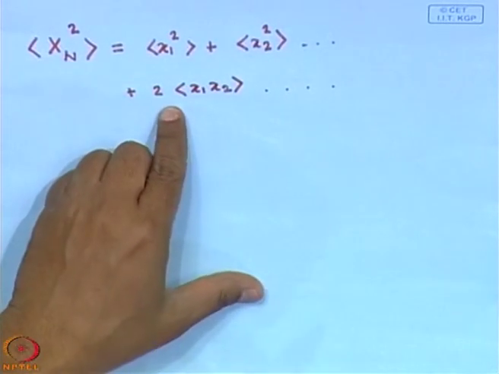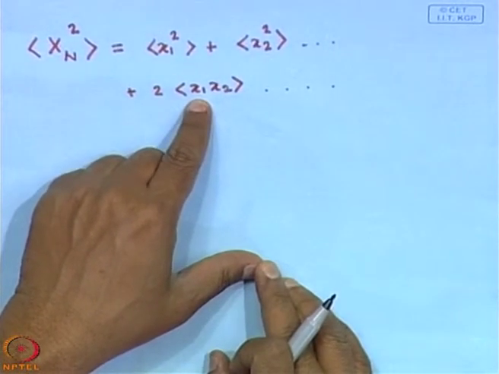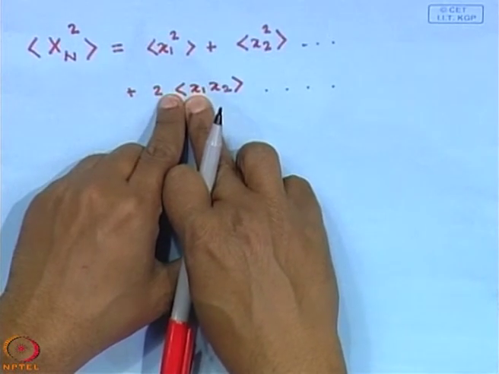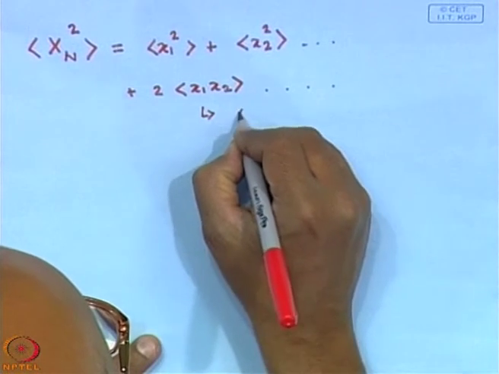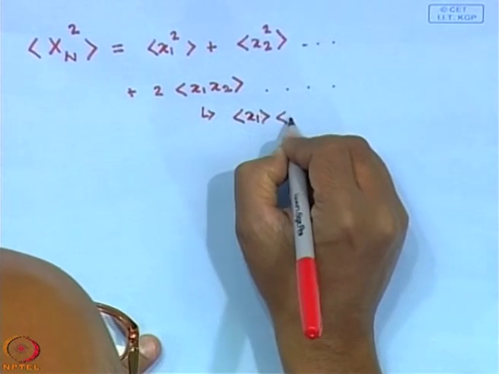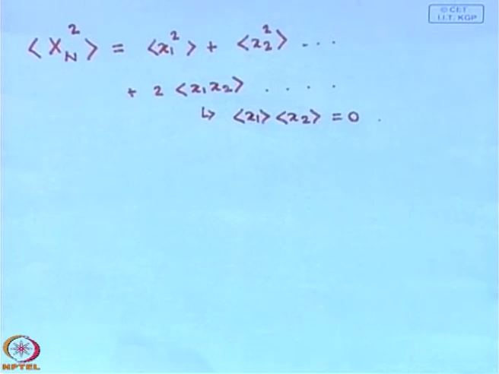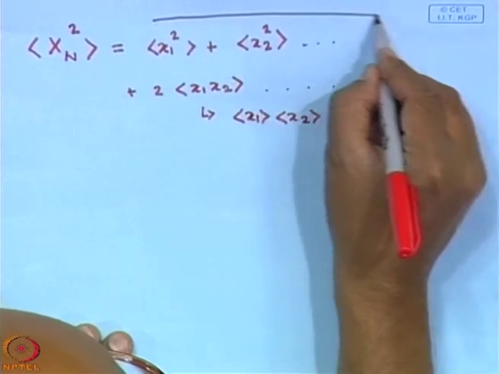Now, we know that if you have two random variables which are independent, then the mean value of the product is the product of the mean values. So, this term is essentially the same as x1 x2, and it is 0. So, it is only these n terms over here which contribute. There are n such terms.